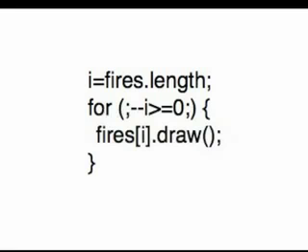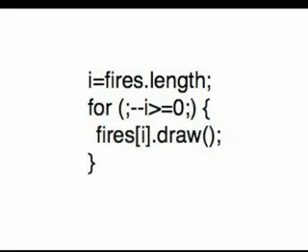Then to draw the element, we basically copy the code from our quick and dirty implementation, but remember to use the this method to refer to the instance of the class as in lesson 10. And then drawing the fire objects is very simple.